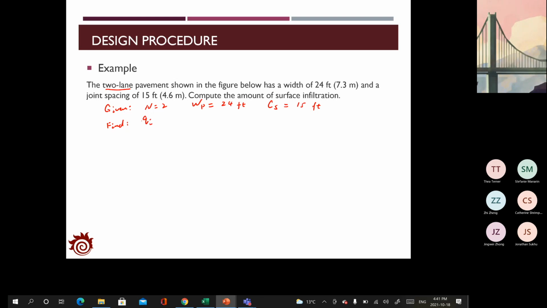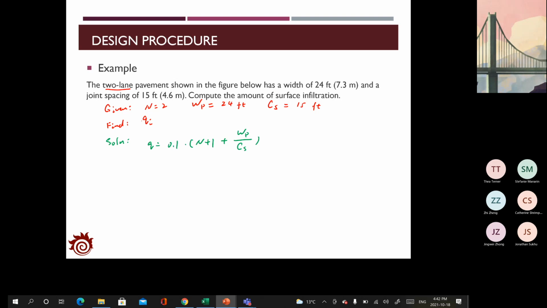Okay, to do that, we will recall the simplified formula. So in the solution, we have Q. From the simplified equation, we have Q equal to 0.1 times (m plus 1) plus WP divided by CS.